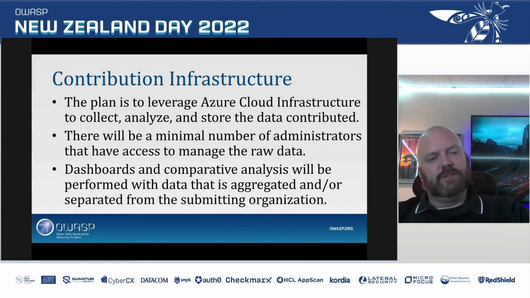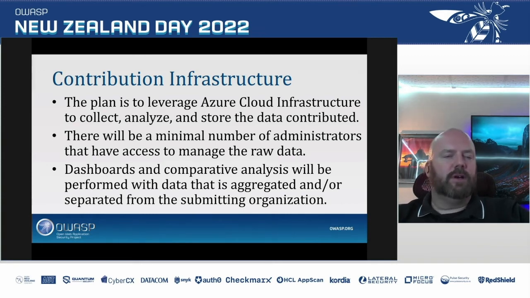One of the big challenges to solve for SAMM Benchmark is, where do we put it? How are we neutral? How can we be trusted with the data? Right now the plan is to use the Azure cloud infrastructure.